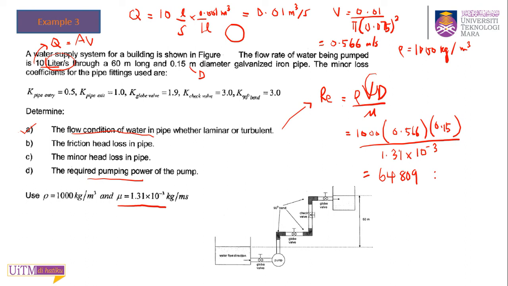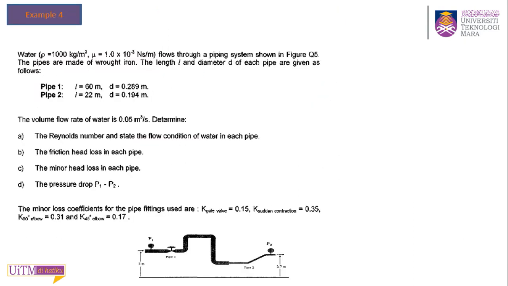So you know that the flow condition of water in that pipe is turbulent, because it is more than 4,000. That's how you use the Reynolds number to know whether the water is flowing laminar or turbulent. So that's one.